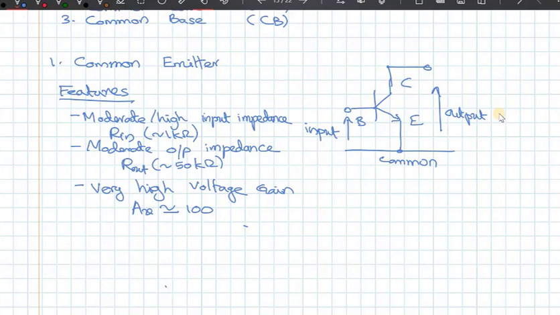Typically, the voltage gain, if you implement it in a common emitter circuit, is rather high, and also it has a very high current gain.